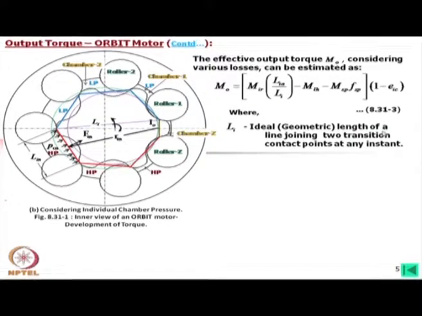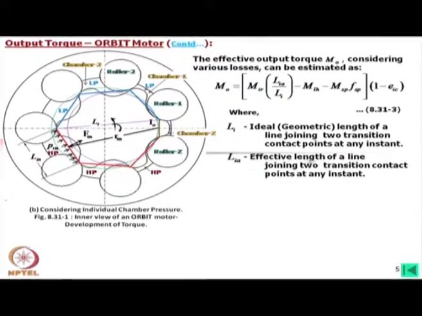Li is the ideal geometric length of the line joining two transition contact points at any instant, and Lia is the effective length of the line joining two transition contact points at any instant. What is effective length and what is ideal length?